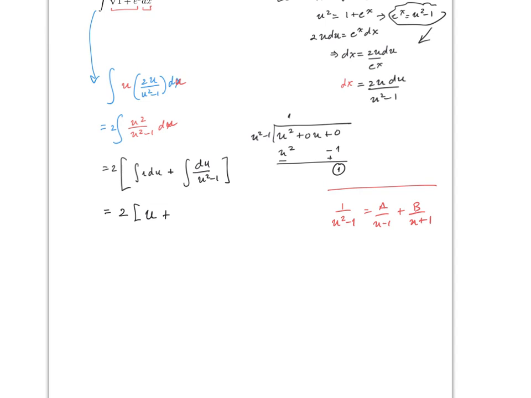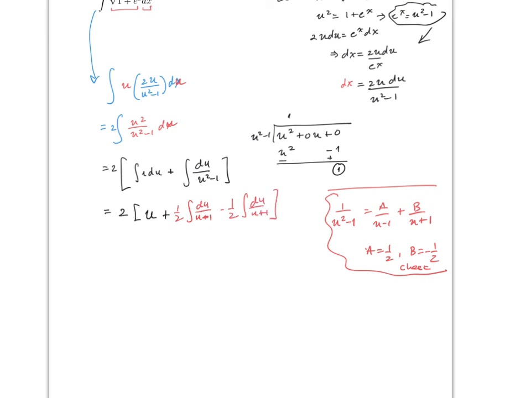And you should check, because we have done this multiple times now, that A is equal to 1/2 and B is equal to negative 1/2. It should be very easy to check this. Okay, so therefore this becomes 1/2 the integral of du over u minus 1, minus 1/2 the integral of du over u plus 1.